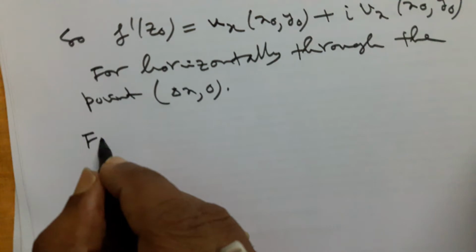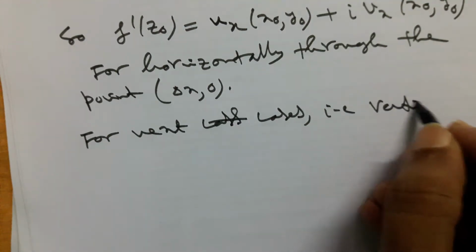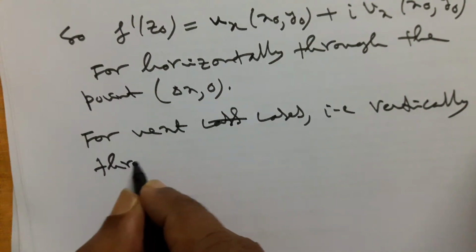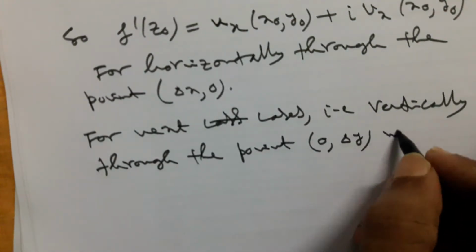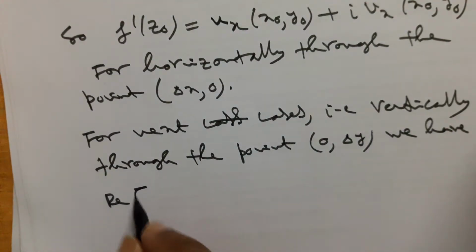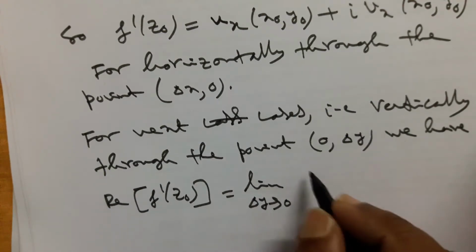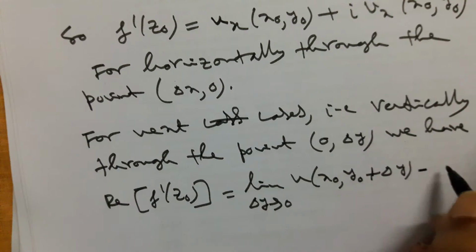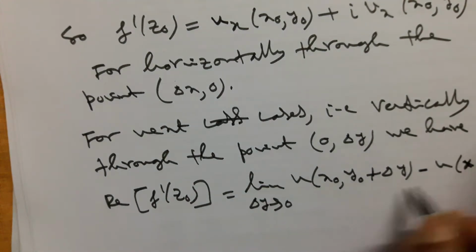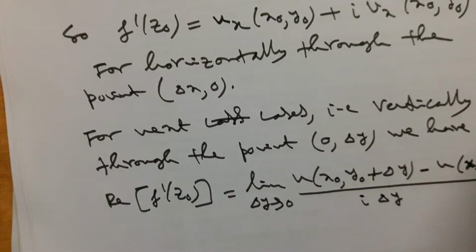For the next case, vertically through the point (0, del y), we have the real part of f dash z0 equal to the limit as del y tends to 0 of u of x0, y0 plus del y, minus u of x0, y0, divided by i del y, because the real part is 0.